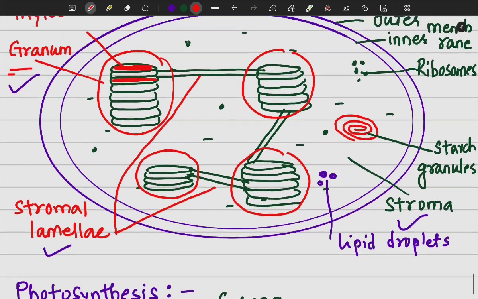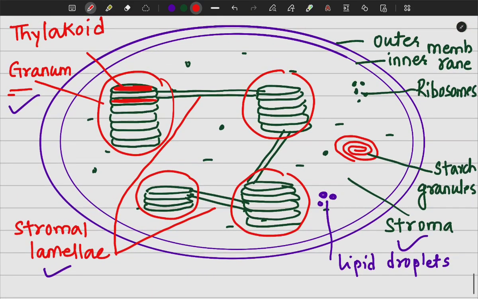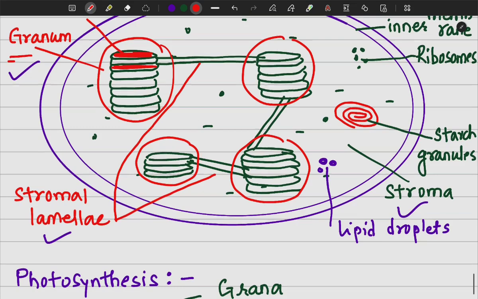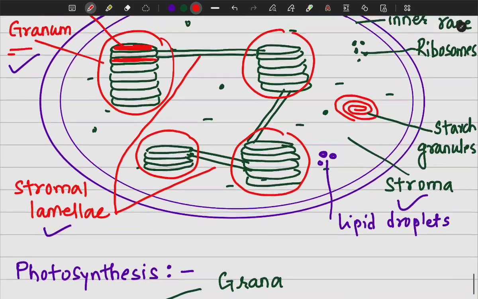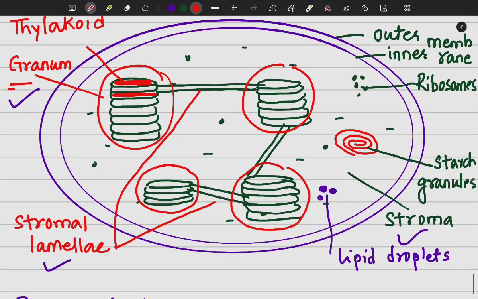Alright, so I hope I have covered all the important terms and definitions.